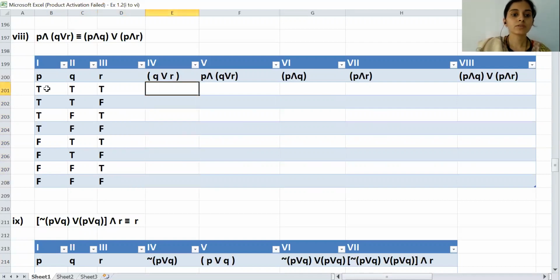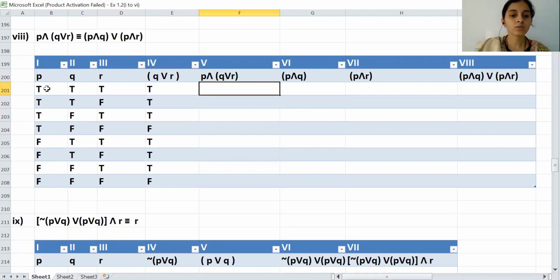Okay. The first column after that will be Q or R. So Q or R, 2 or 3. True, true, true, false, true, true, true, and false. Q or R. Okay. Left hand side, P and Q or R. So the fifth column will be P and Q or R. So P and Q or R will be 1 and 4.